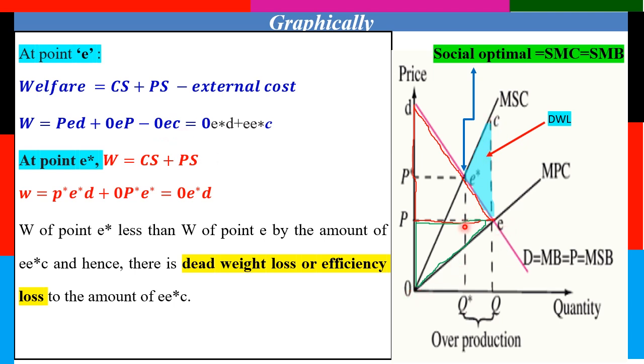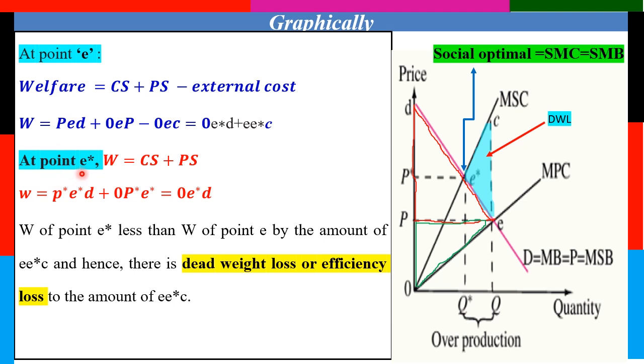This triangle is external cost, which is equal to OE star D plus E star C. So this is how we can calculate the welfare under the negative externality.